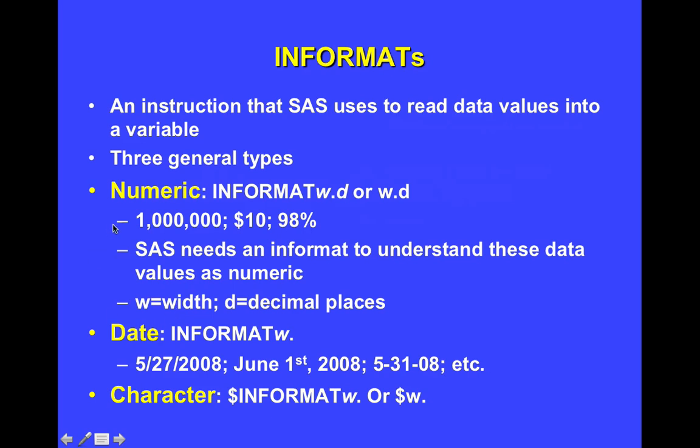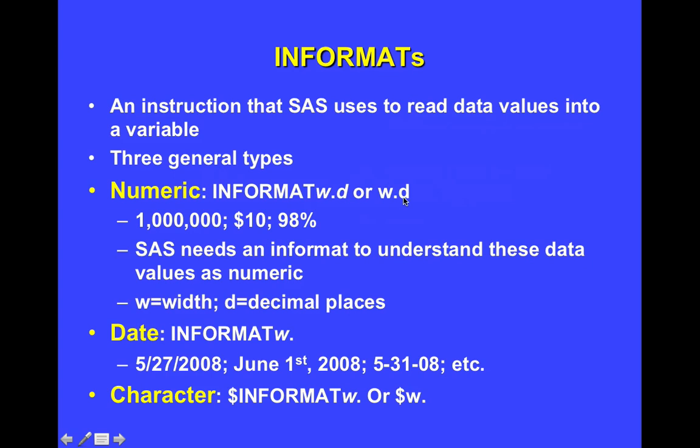And it allows you to read in numbers that have commas or dollar signs or percent signs, decimal places, etc. And the general structure of these INFORMATS is w.d all by itself. So we've seen some INFORMATS already where we have a number and a dot. So far we haven't specified the decimal. The W stands for width and the D stands for decimal.